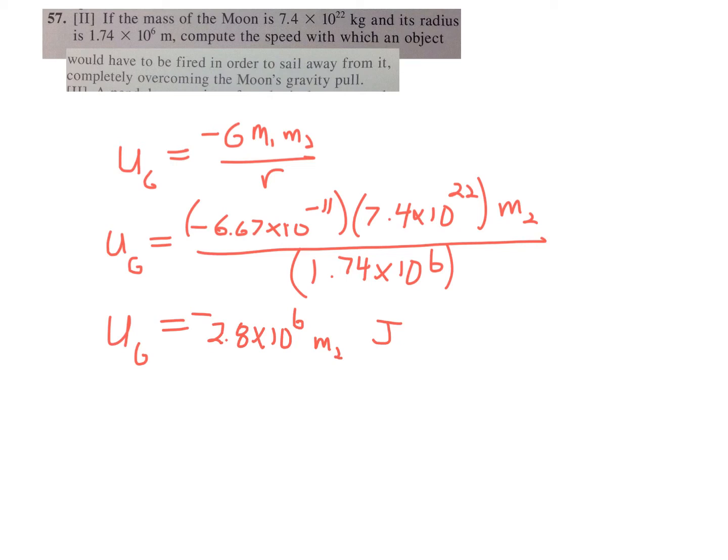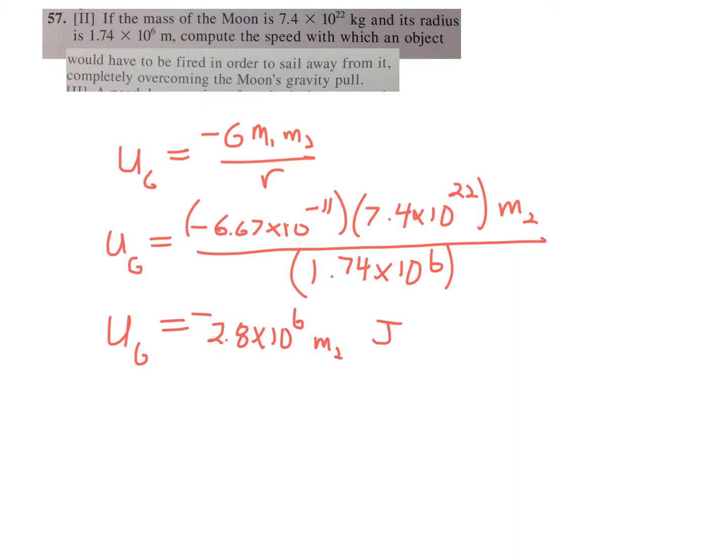object at the minimum. If we give it extra kinetic energy above and beyond the 2.8, like if I give an object, say, 3.0 times 10 to the 6 m sub 2 joules of energy, that's an excess of 0.2, or 200,000 joules of energy, that would be left over for the rocket to continue on with some velocity after it has escaped.